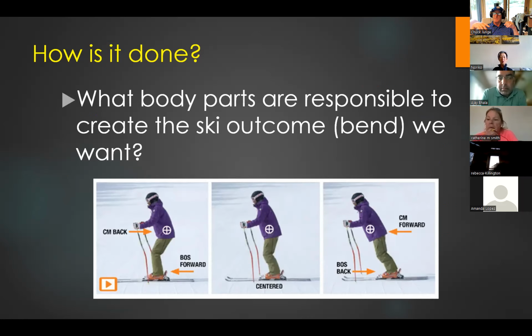That is also a trick question, because either one works. Either one works, of course. Or maybe neither. It could be that we can move the center of mass forward as we're moving the base of support back.